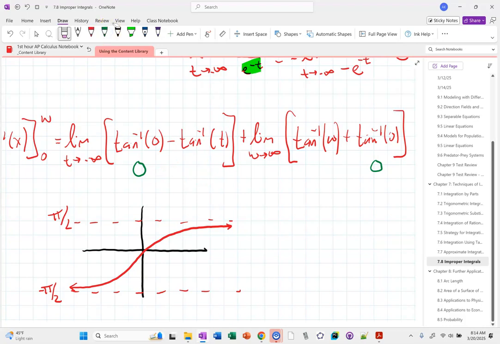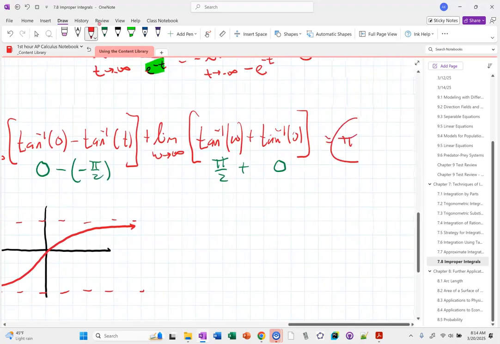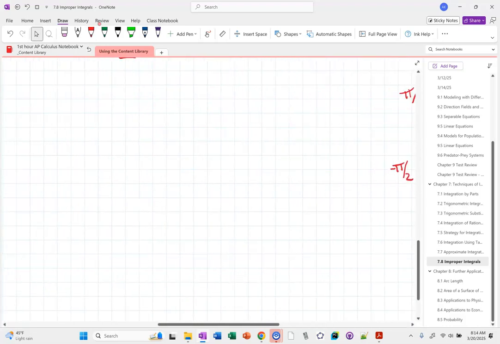And as we're going to positive infinity, we're going to positive pi over 2. Everybody feel good there? So this just turns into pi over 2 plus pi over 2, which is pi. You guys feel okay there? All right.